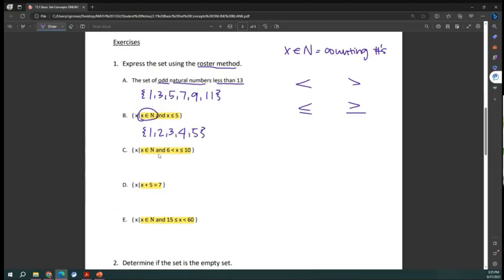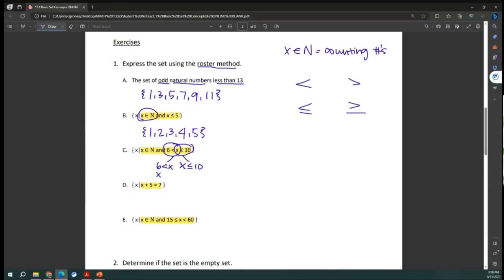All right, on C, we have that X is between 6 and 10. So another way that I suggest to write this is to break it up into 2 different inequalities. So we have 6 less than X, and then X is less than or equal to 10. And we can actually turn this one around.